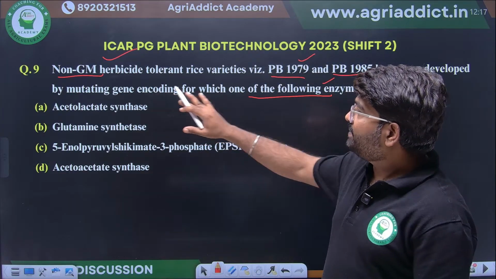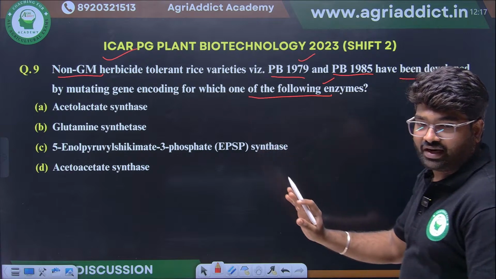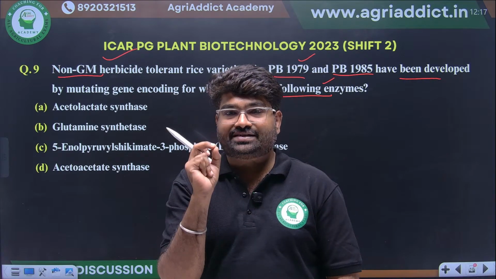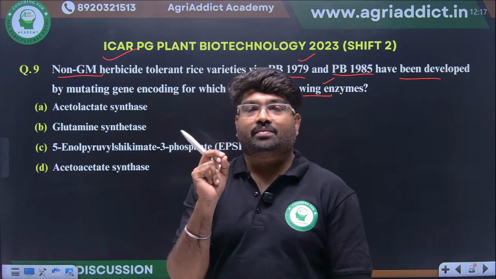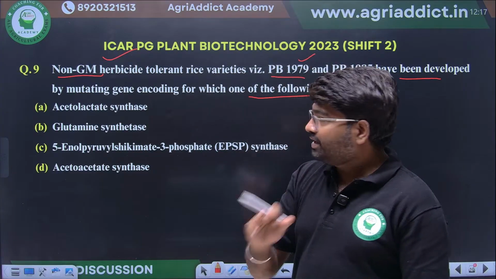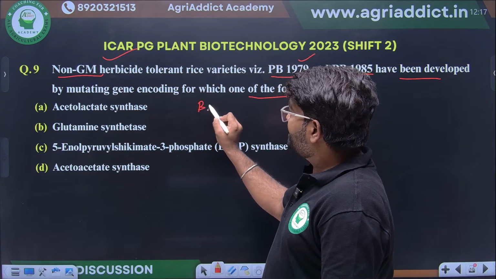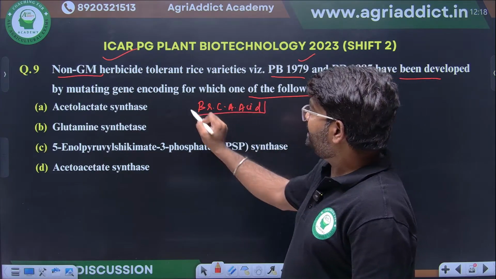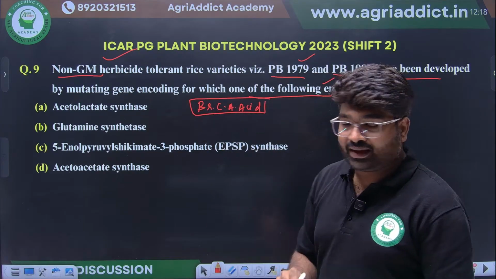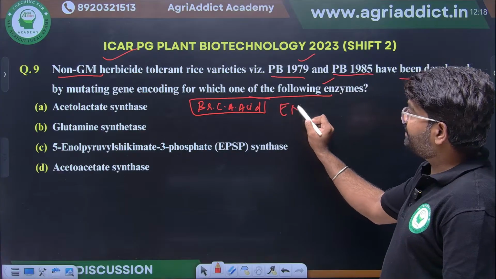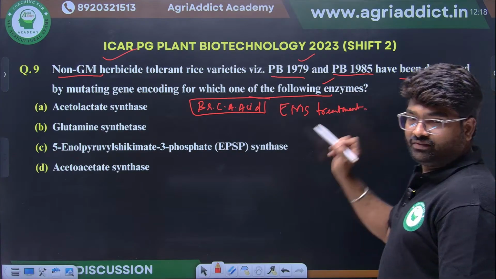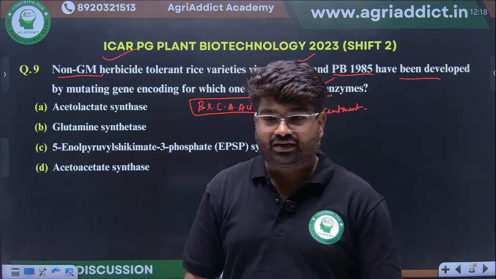They have developed a non-GM herbicide tolerant variety by particularly mutating an amino acid biosynthetic gene. Particularly, if you see, branched chain amino acid biosynthesis will be mutated by EMS treatment. What will be the right answer? Which gene, which enzyme was regulated?